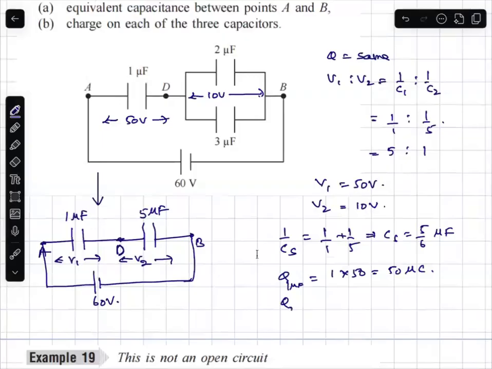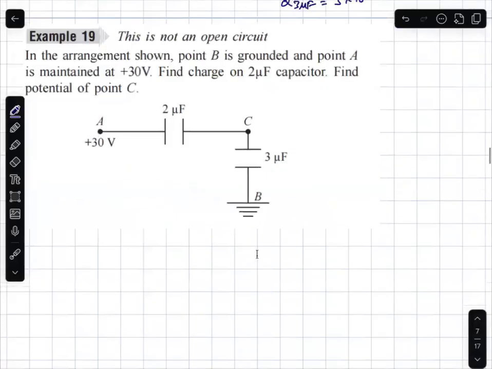The charge across the 2 microfarad capacitor is 2 into 10, 20 microcoulomb. The charge across 3 microfarad is 3 into 10, 30 microcoulomb. Any doubt till this point? Right? So now let us proceed to the next question.